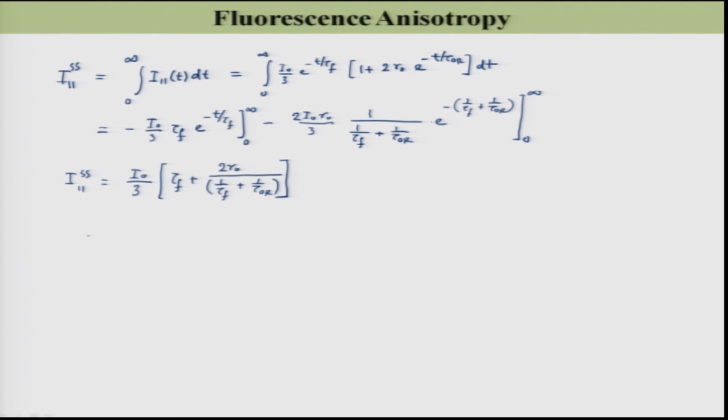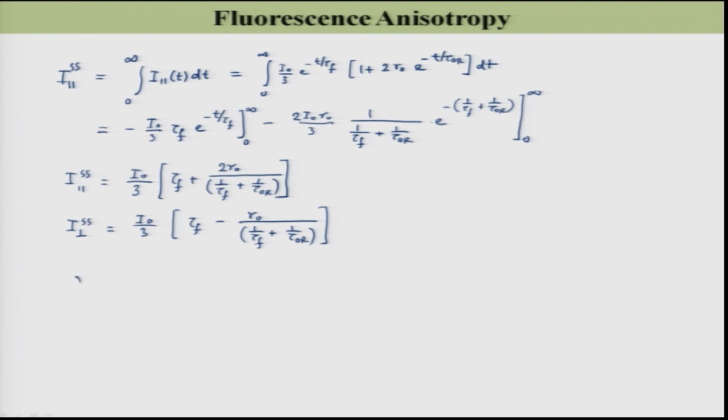Now, similarly, I can also calculate this I perpendicular steady state. Similarly, you will get it as I 0 by 3 into tau f minus r 0 divided by 1 over tau f plus 1 over tau r.